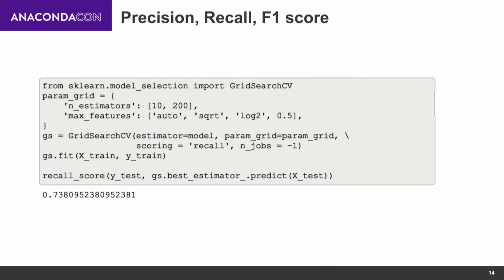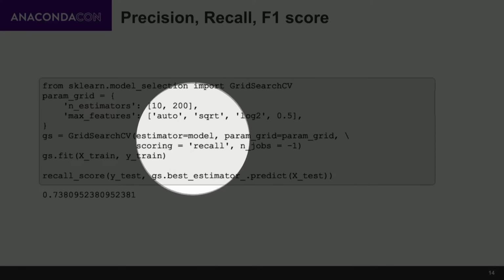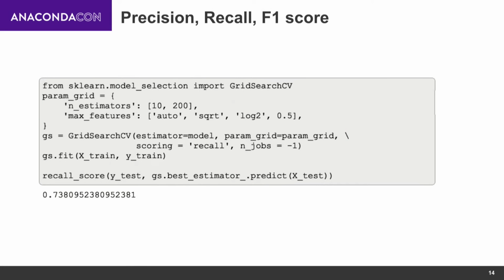And we can use them, for example, in grid search. If we want to choose a model that gives us better recall, we're going to put the scoring parameter as recall. And in this case, it's going to get us the estimator that gives us the best recall among the possible versions of hyperparameters.